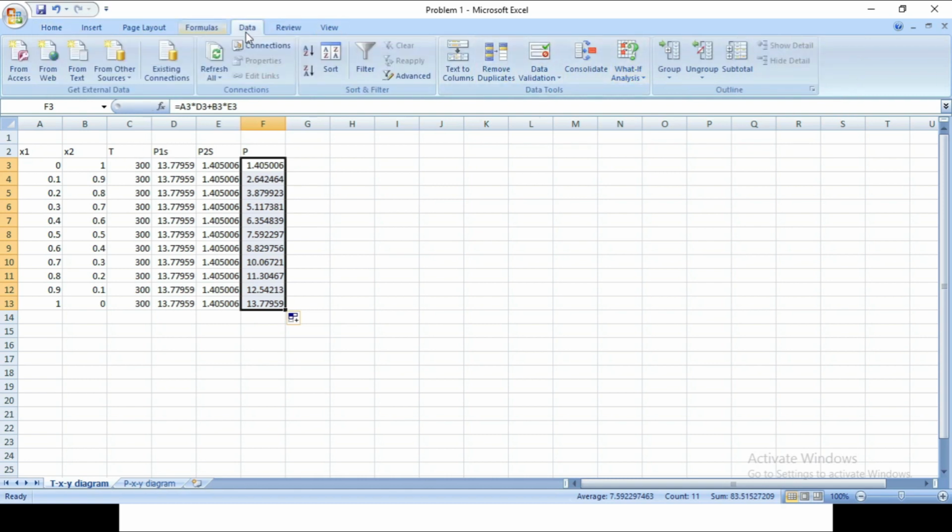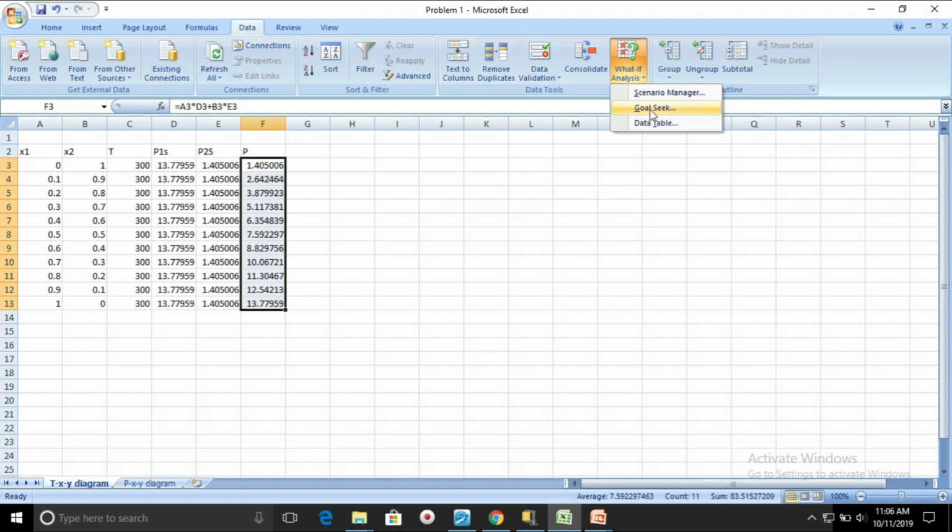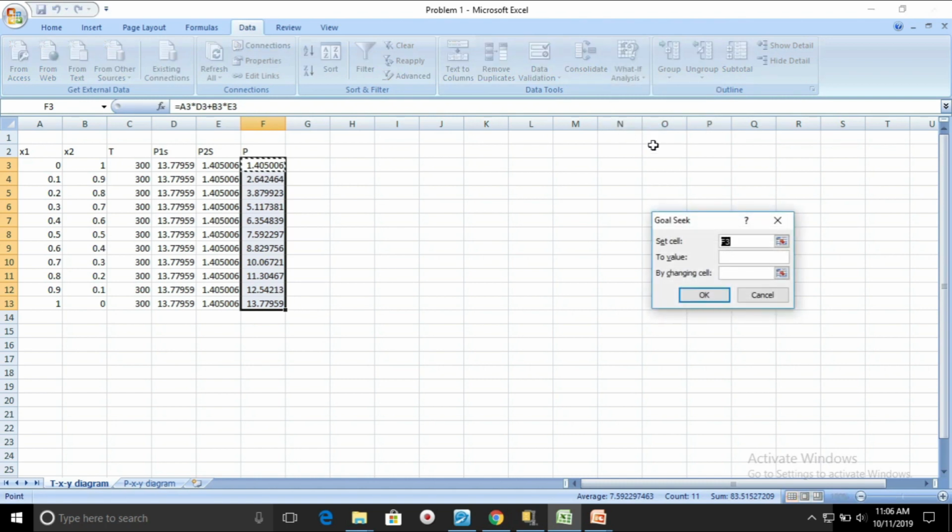You have to use goal seek: click on Data, under What-If Analysis, Goal Seek. Set the value F3 to the value of 101.3 kilopascal by changing the temperature value.